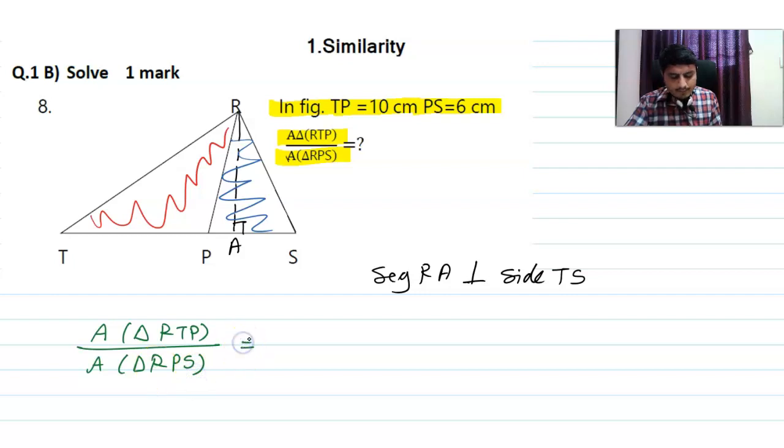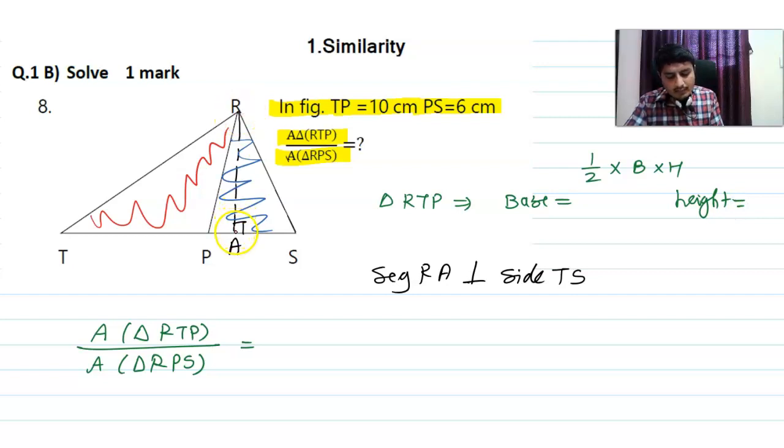Now it is well known that for finding the area we have the formula half times base times height. So look at the first triangle, triangle RTP. What about the base and the height of triangle RTP?